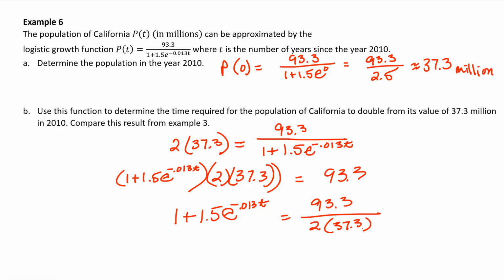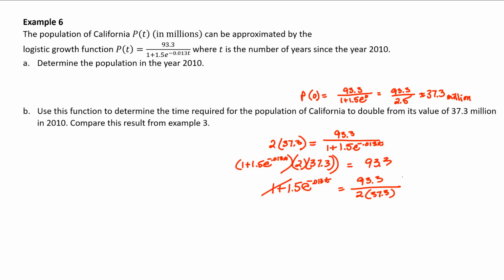We're going to subtract 1. So we can just get rid of that 1 and move it over here, make it minus 1. And then we are going to divide by 1.5. So we'll have e to the negative 0.013 t is equal to 93.3 over 2 times 37.3 minus 1 all over 1.5.